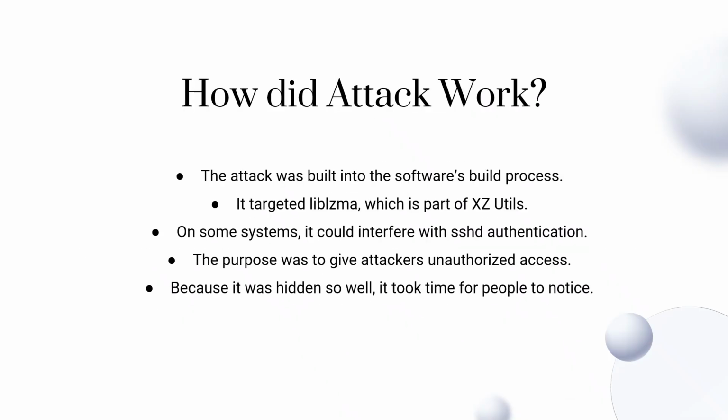So how does the attack actually work? The malicious code was built into the software's build process, which in some cases made the attack much more stealthy and hard to find. In some environments, it could interfere with SSHD authentication through system services. That means the attack could potentially allow unauthorized people, who don't have access to a system, to gain access.